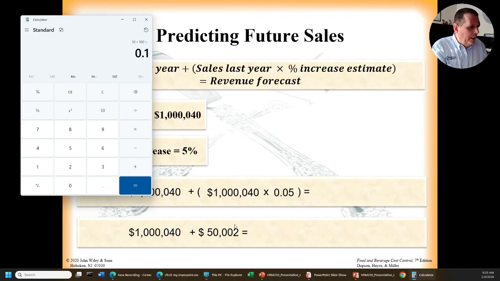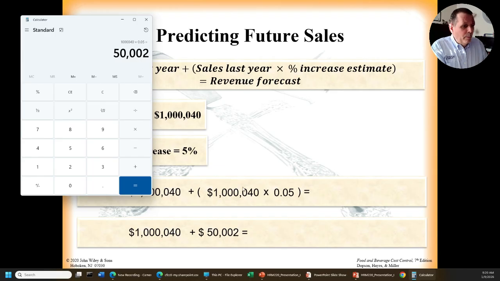We have to do what's inside the parentheses first. So 1 million 0.040, did I get that right? Yep. Times 0.05 equals $50,000 and $50,002. That's going to be our projected increase.